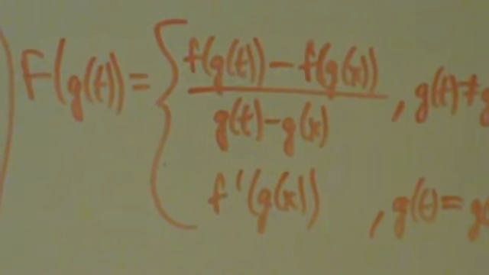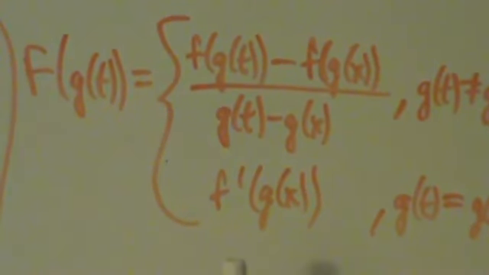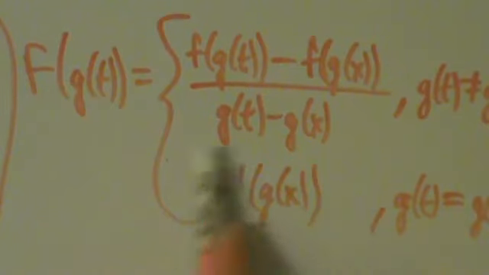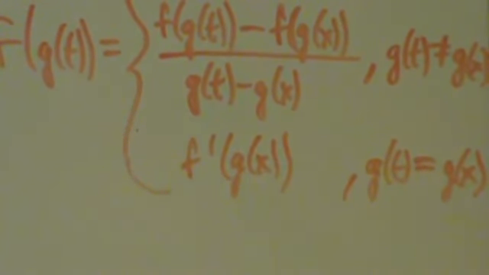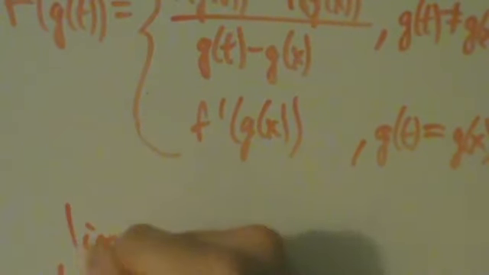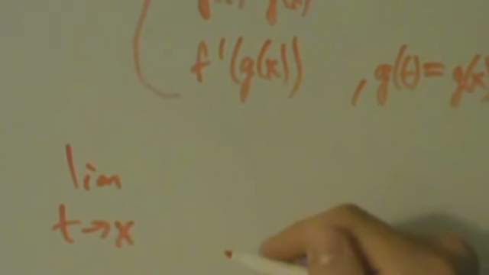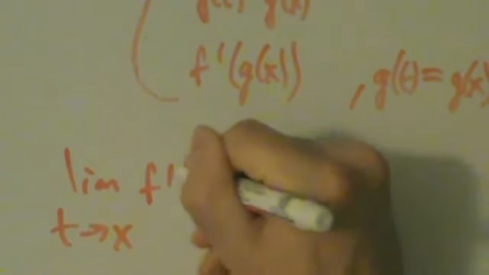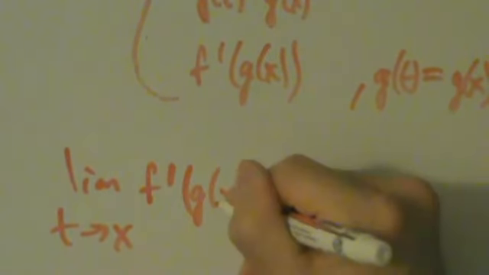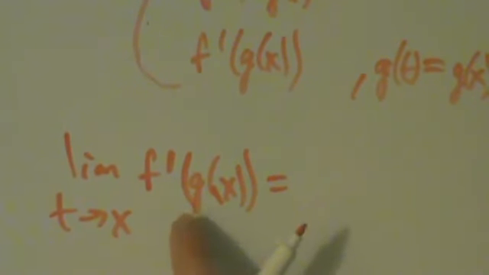Let's look at the second piece first because it's actually easier. If we take the limit as t approaches x of the second piece, that's the limit as t approaches x of f prime of g of x. And what is that? There's no t in here. This is just f prime of g of x.